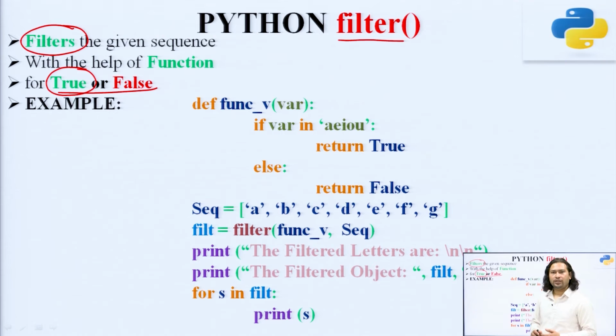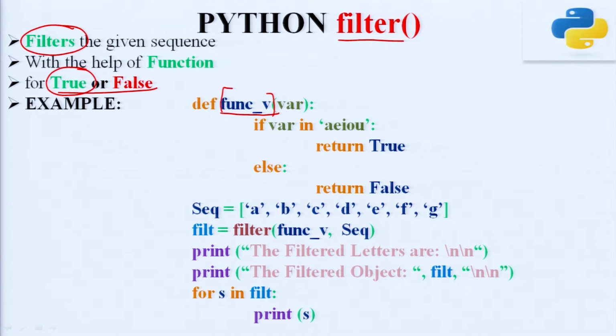Now let us see how this filter function works. We are going to define a simple function, named v. You know how to define a function. Here you can see the definition of the function, followed by the name of the function, followed by parentheses in which we are putting a single variable. Now we are checking whether this variable belongs to the vowels or not.